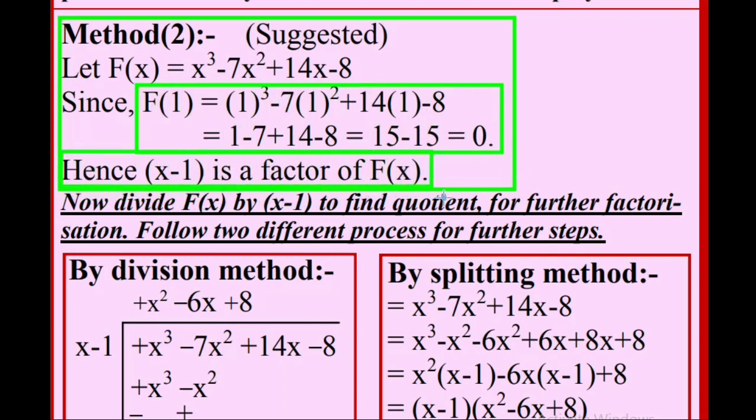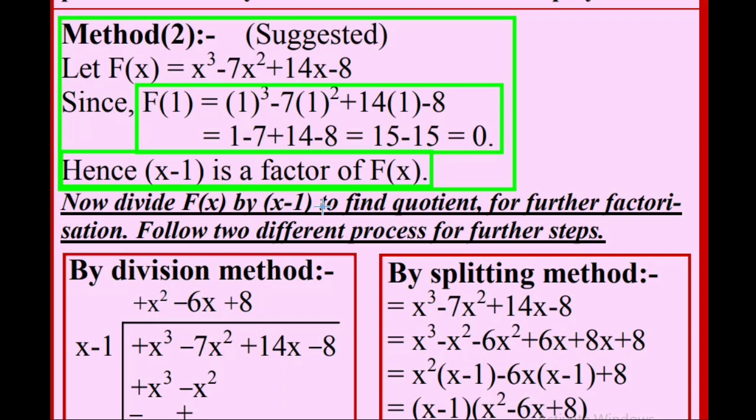Here it's written, now divide f(x) by x minus 1 to find a quotient. In fact, one factor somehow we have to find using the theorem. In this type of problem, one factor of simple form is always there, so by using the theorem we find at least one factor.